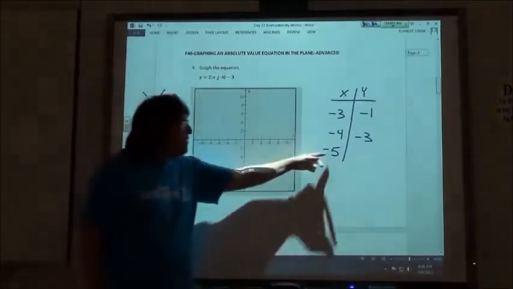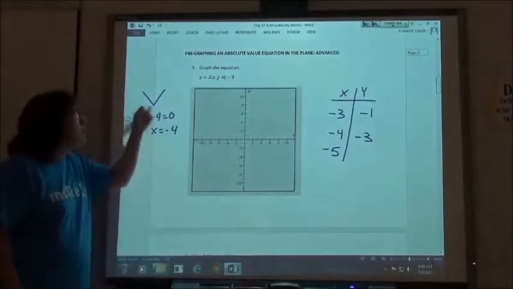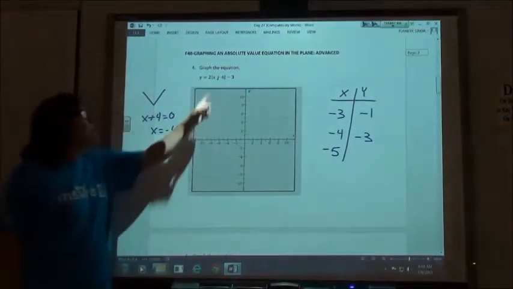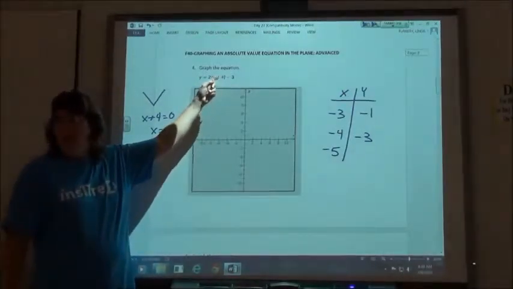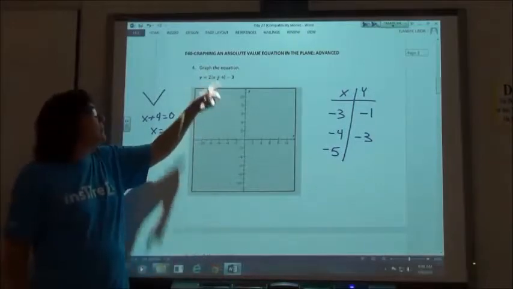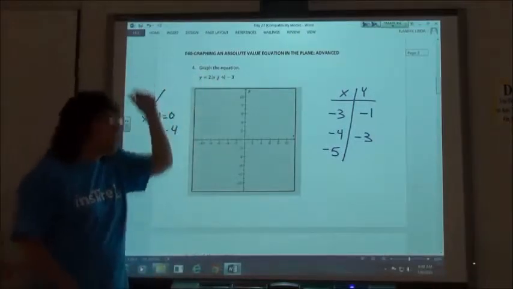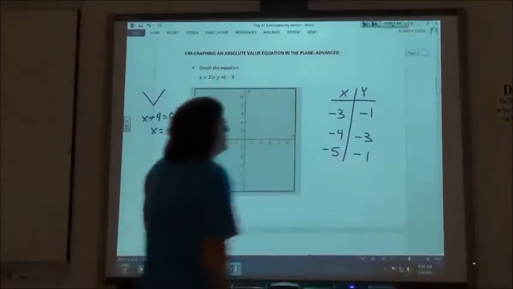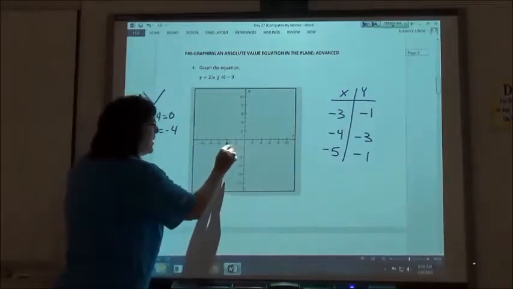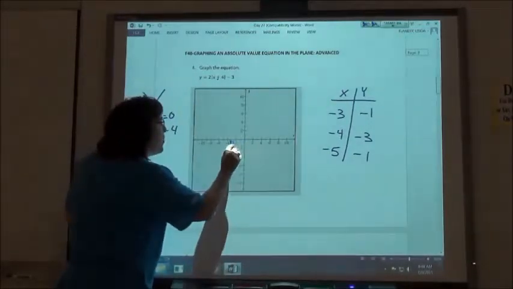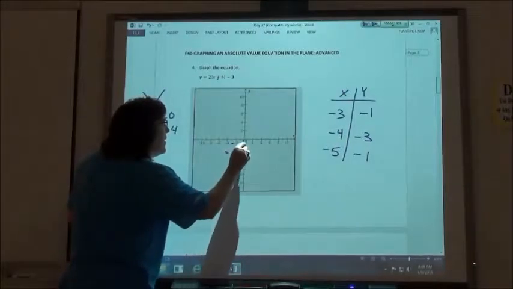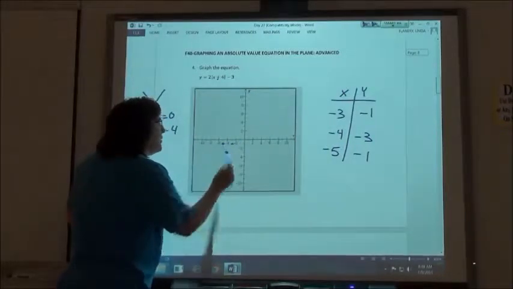Now when I do -5, I should get the same answer in order for it to look like a V. -5 plus 4 is -1, but the absolute value of -1 becomes +1. 1 times 2 is 2, and 2 minus 3 is -1. So -4, -3 is where my vertex is, and I have points at -3, -1 and -5, -1.